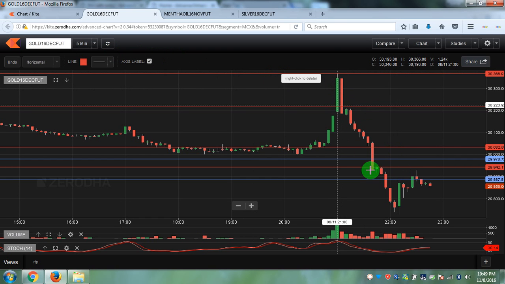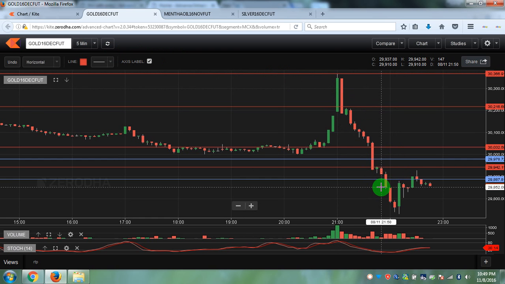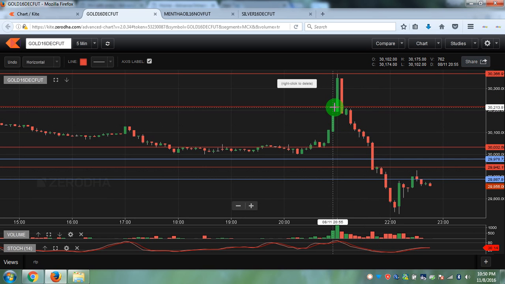As you are seeing, easily you can make 170 points down in gold. You can see this live chart, how it came, even in a volatile market, because this movement has happened in gold only because of US data. But even though that data doesn't matter, our levels have worked out.